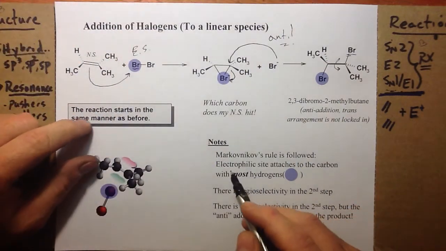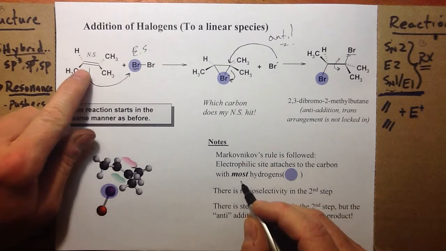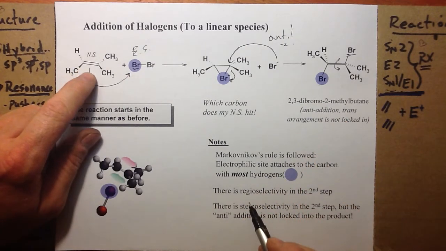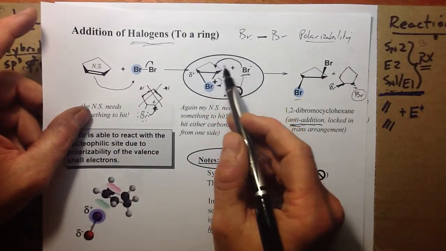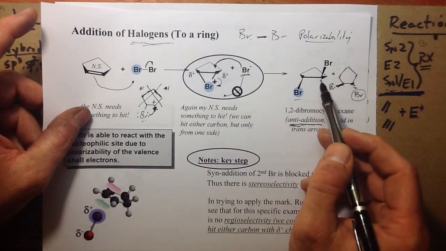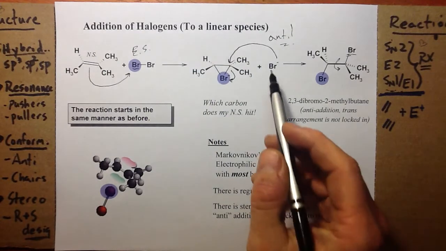Markovnikov's rule is followed. The electrophilic site attaches to the carbon with the most hydrogens. We saw that. There is regioselectivity in this second step, unlike what we saw here, where there was no regioselectivity. It could have hit here and given us this product, or it could have hit here to give us this product. Here we had regioselectivity.